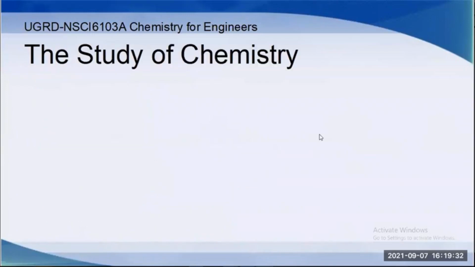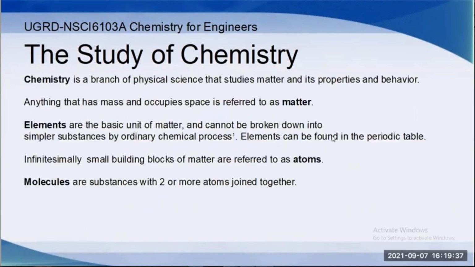So let's start with the study of chemistry. By definition, chemistry is a branch of physical science that studies matter and its properties and behavior. Anything that has mass and occupies space is referred to as matter. So the very classic definition of matter.